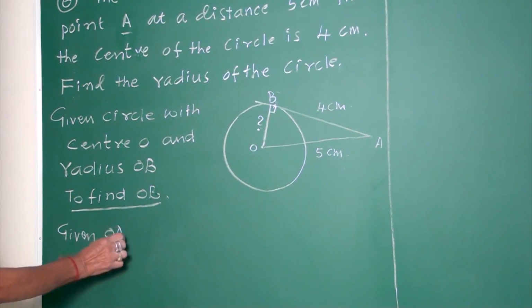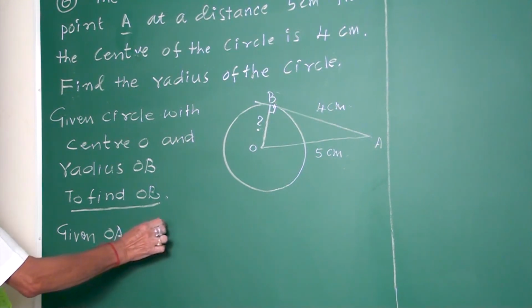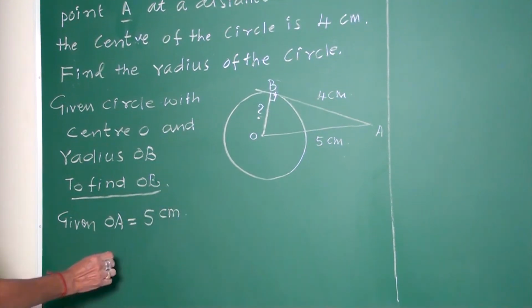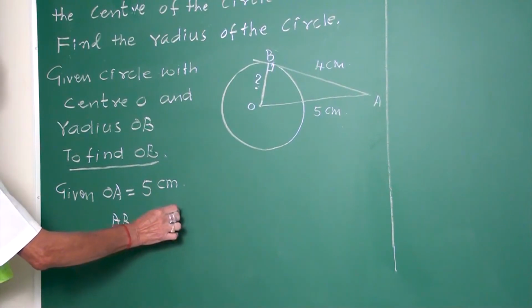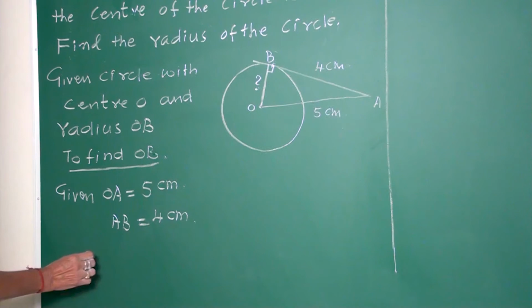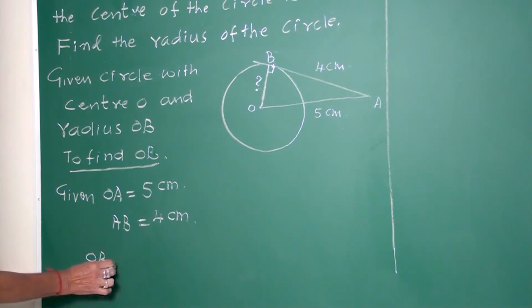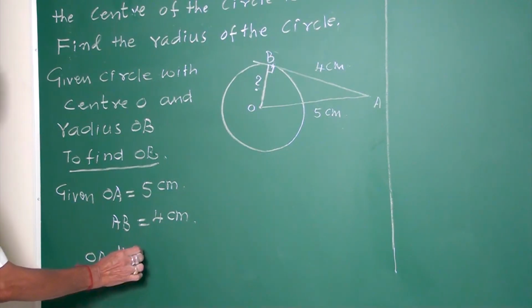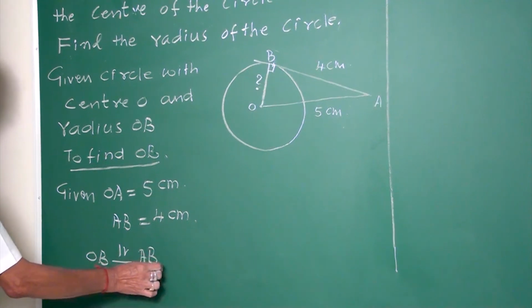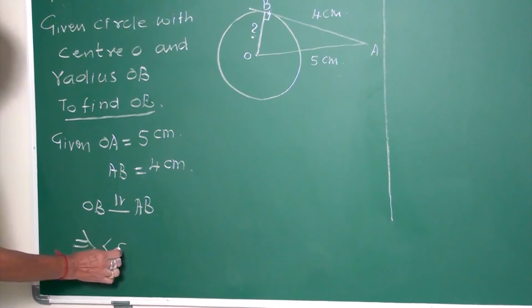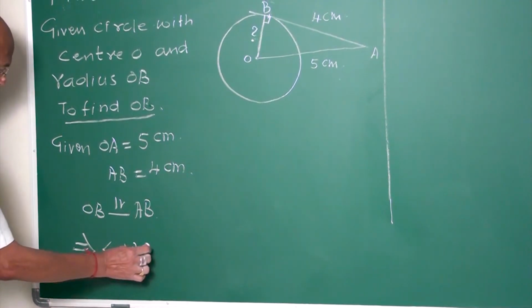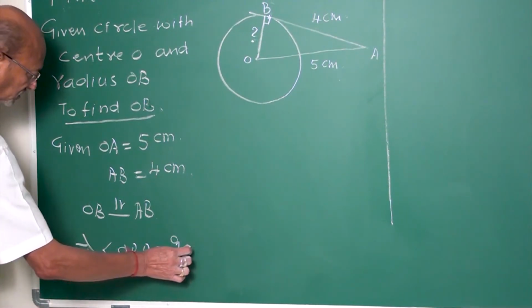Given OA is 5 centimeters, and the length of the tangent from A to the circle is 4 centimeters. And by theorem 1, OB is perpendicular to AB. Implies angle OBA is 90 degrees.